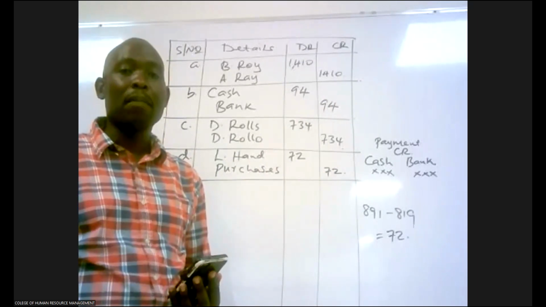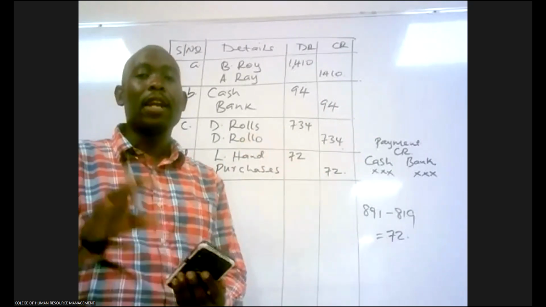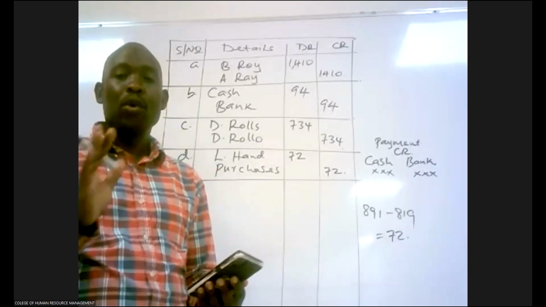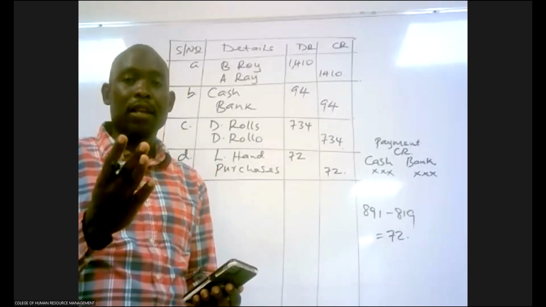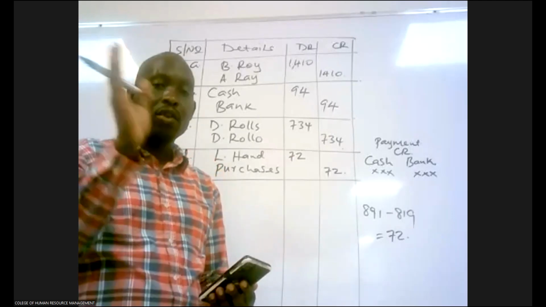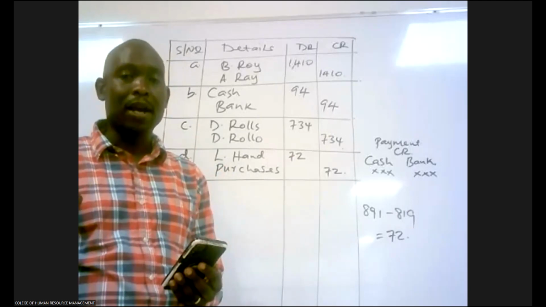When you are paying the supplier, you now debit the supplier and then credit cash or bank because it is money out.